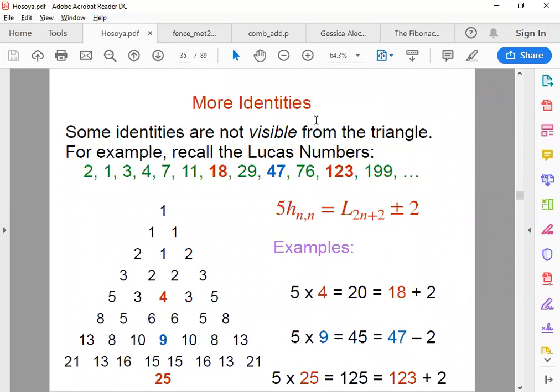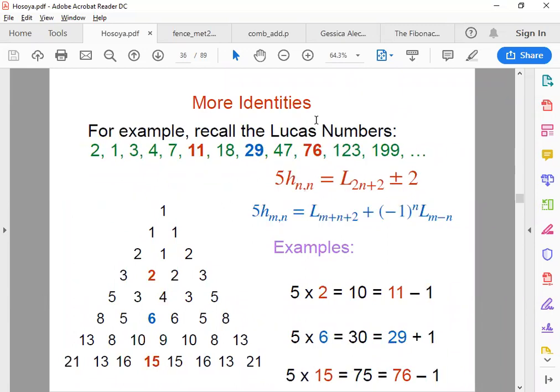More generally, what happens if I take 5 times this number, I get 10, you get a Lucas number plus or minus L sub m minus n, all right?